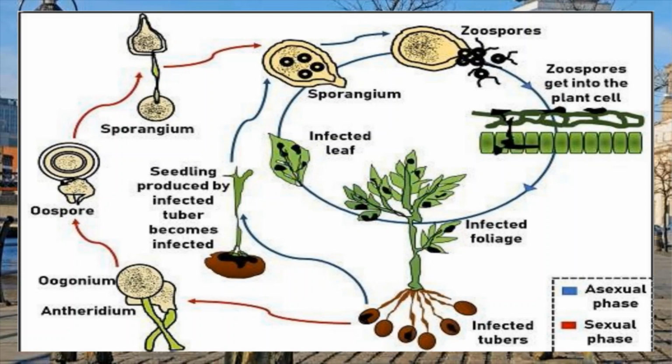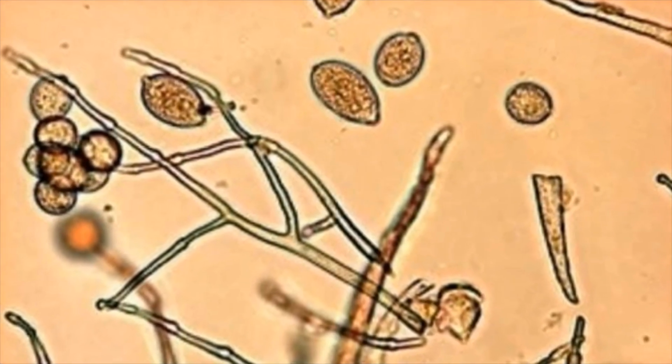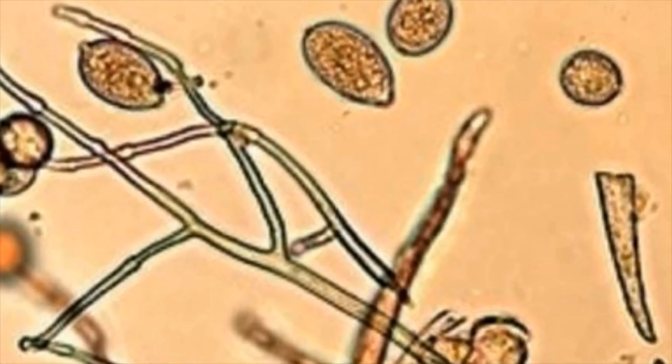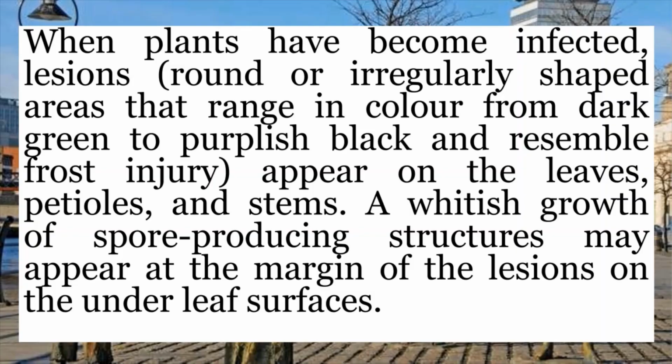The potato tubers develop up to 15 millimeter deep lesions, and secondary infections are also caused by Erwinia and other bacteria during the storage and transit of potatoes.